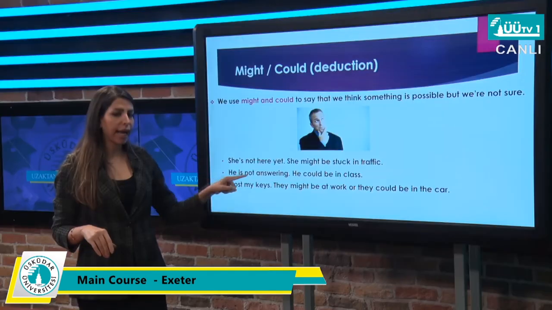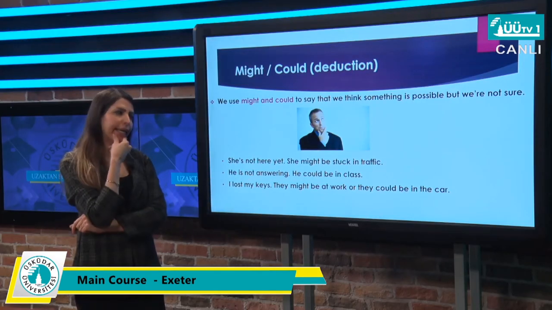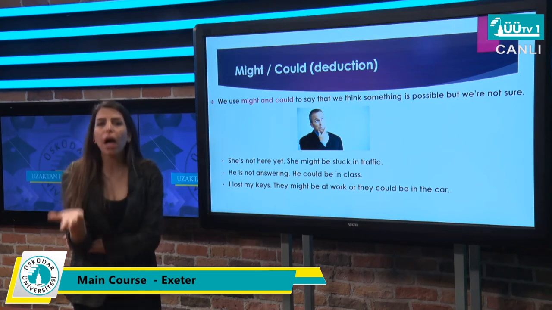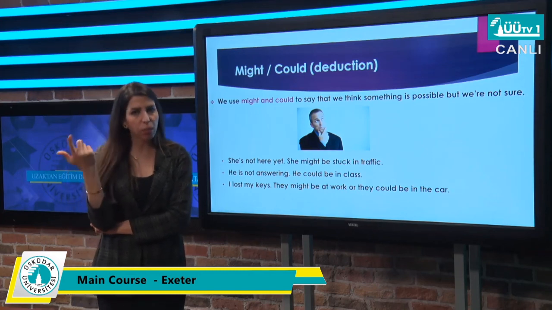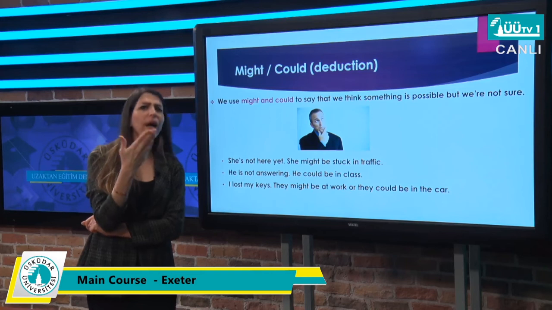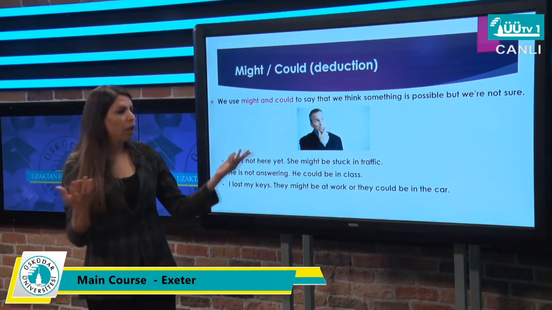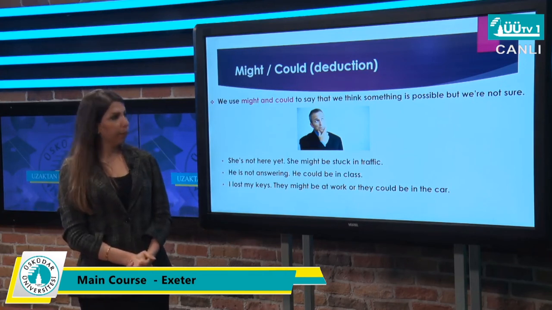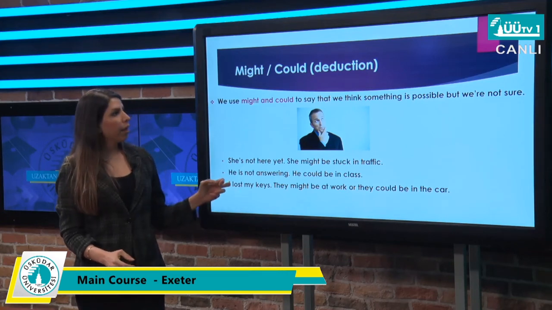When he is not answering, what do you think? He could be in class. Possibility. I lost my keys. Whenever you lose your keys, you try to think about the possibilities, yes? It might be at work, or it might be, I don't know, in the car. These are all possibilities.